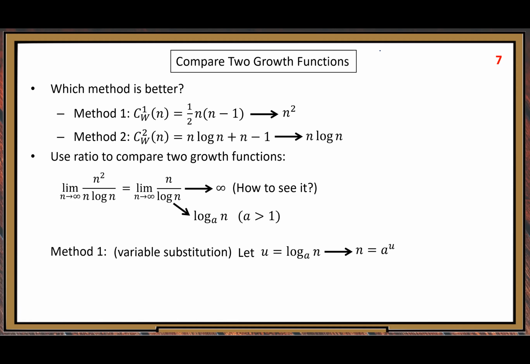Then we can represent n as an exponential function with base a, a to the u. Let's go back to the ratio. After variable substitution, we have numerator a to the u over denominator just u, and u also goes to infinity, because when n goes to infinity, u also goes to infinity.